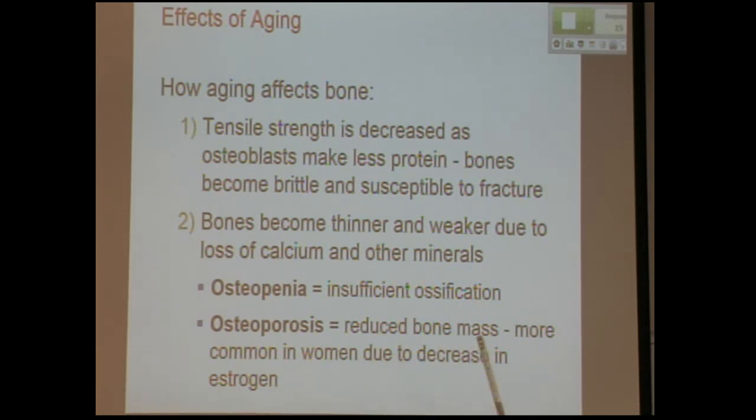And especially in women, once that estrogen goes down after menopause, because estrogen promotes osteoblasts depositing collagen. So when you run out of estrogen, now the bones are going to be remodeled, but not as strong as before. So the osteoclasts are more active than the osteoblasts. So that's what osteoporosis is.